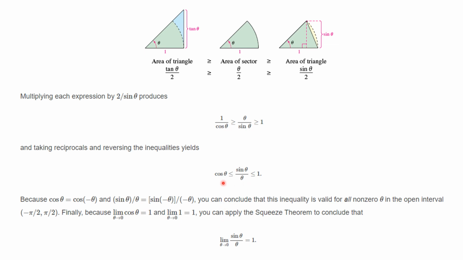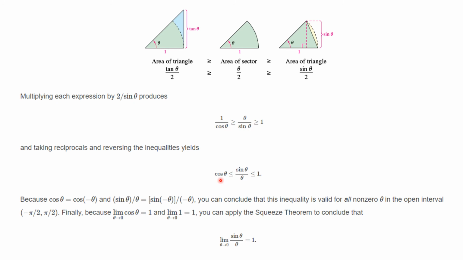But now you see we've got the squeeze theorem going on, because this thing is in between the cosine theta and 1. So the limit of this thing, the cosine theta, as theta goes to 0 is, you can just plug it in, cosine of 0, which is 1.